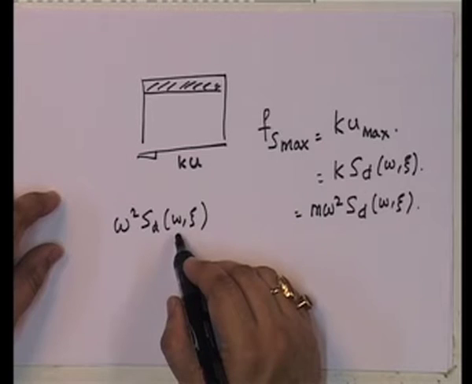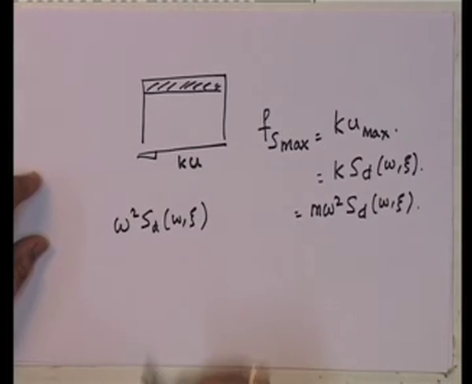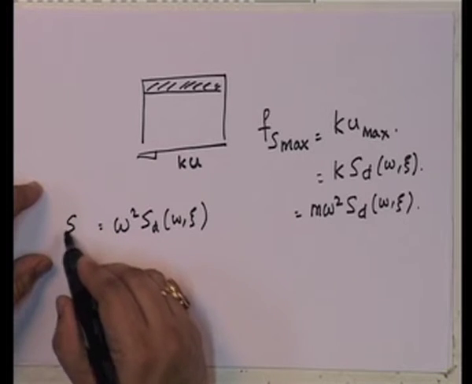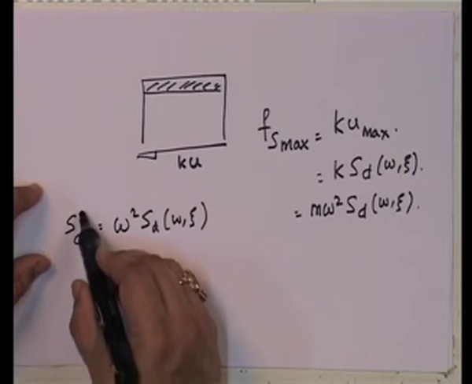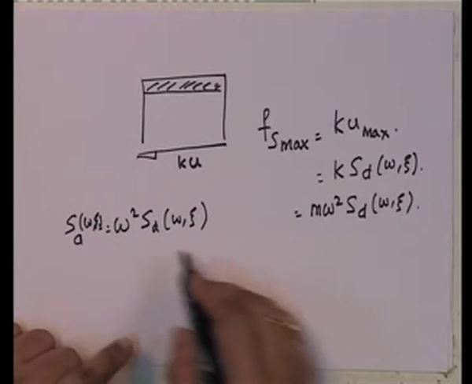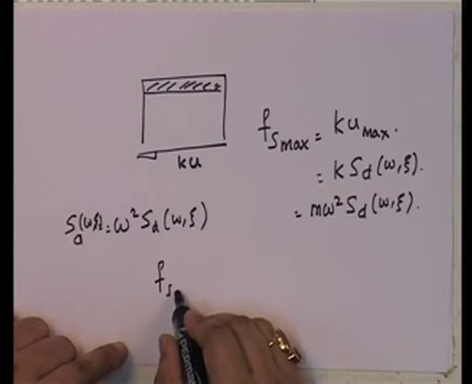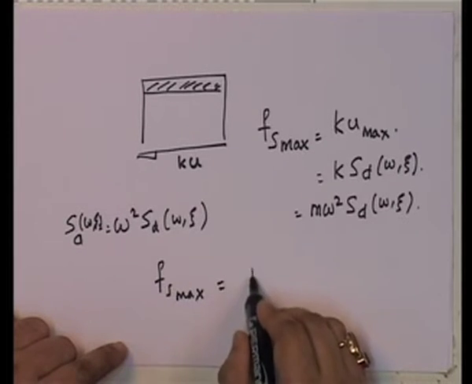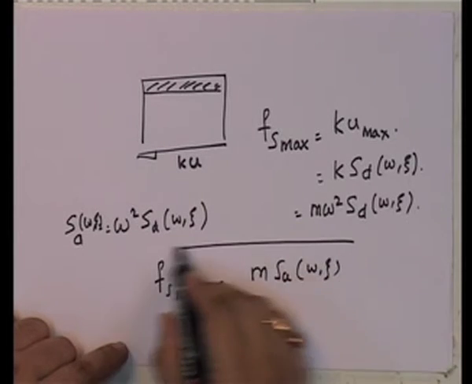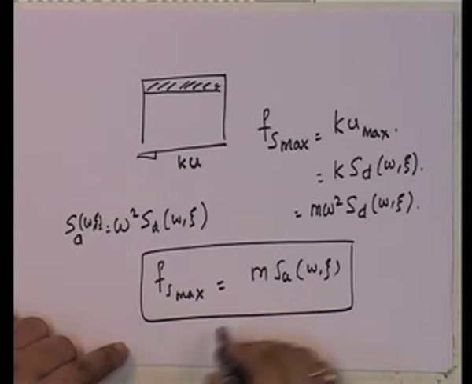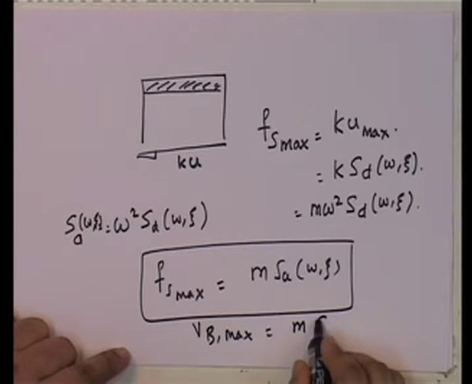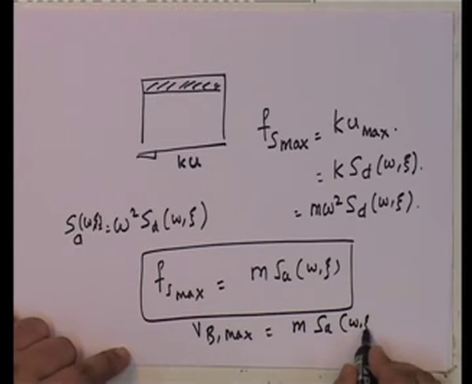So, this becomes millimeter per second squared. It is units of acceleration, and this is called S a, which is also a function of omega and psi. So, F s max is equal to m into S a, and this is also equal to the peak base shear.